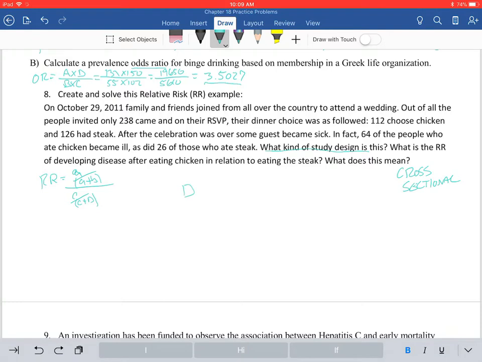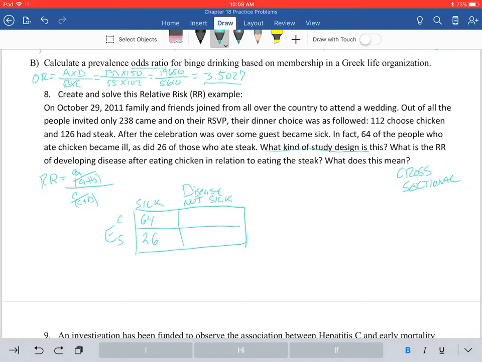There's one thing I always want you to remember after everything in this class: for a 2x2 table, which does a lot of things, if you remember that the disease will always go on top, you will always be great, and then the exposure is going to go on the side. So if you always know disease goes on top, you always know that this is going to be sick, and then not sick, or ill, not ill, whatever you prefer. And then our exposure is going to be whether or not they ate the chicken or the steak.